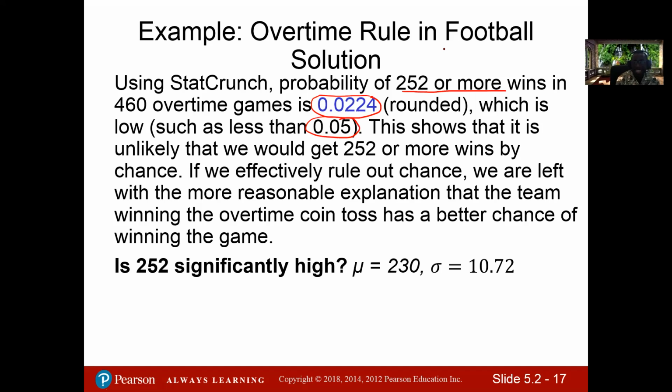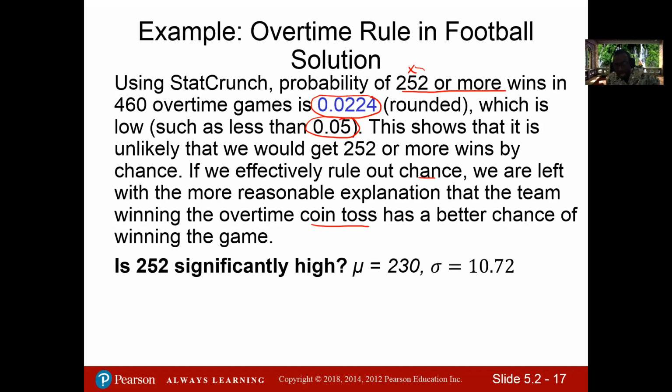So we say that the 252, which is your X, is significantly high. That's one way to determine that. So this shows that it is unlikely that we will get 252 or more wins by chance. If we effectively rule out chance, then there's only one reasonable explanation, and that is the team winning the overtime coin toss has a better chance of winning the game.